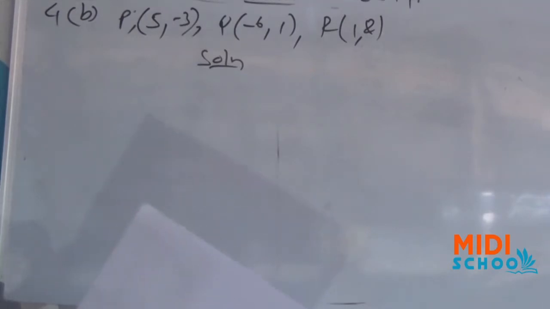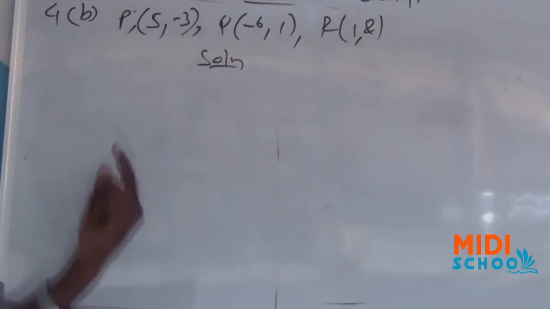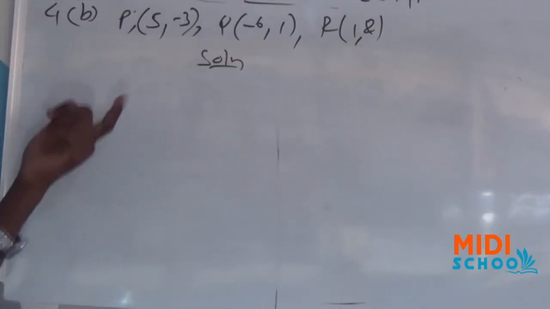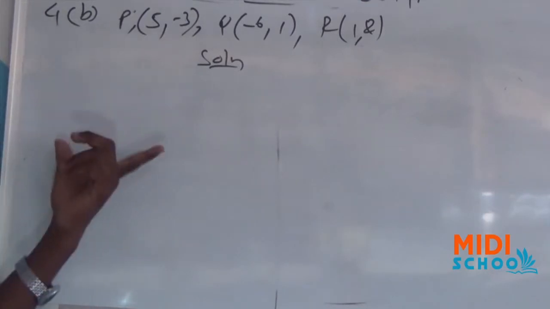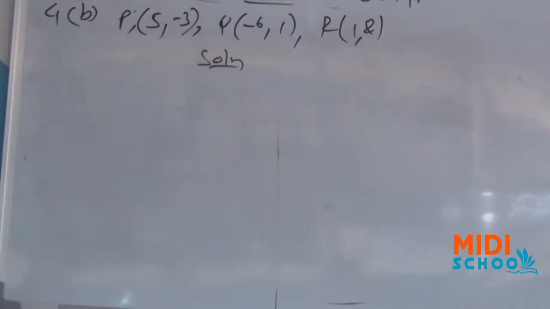So we can try to solve this by finding the distance. If we see that 2 distances are equal, we can conclude that this is an isosceles triangle. Or we can conclude it by finding their slopes.